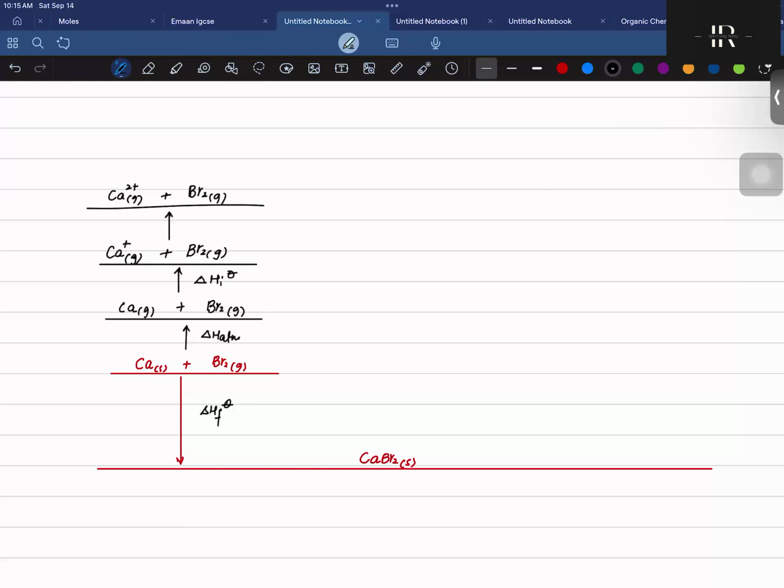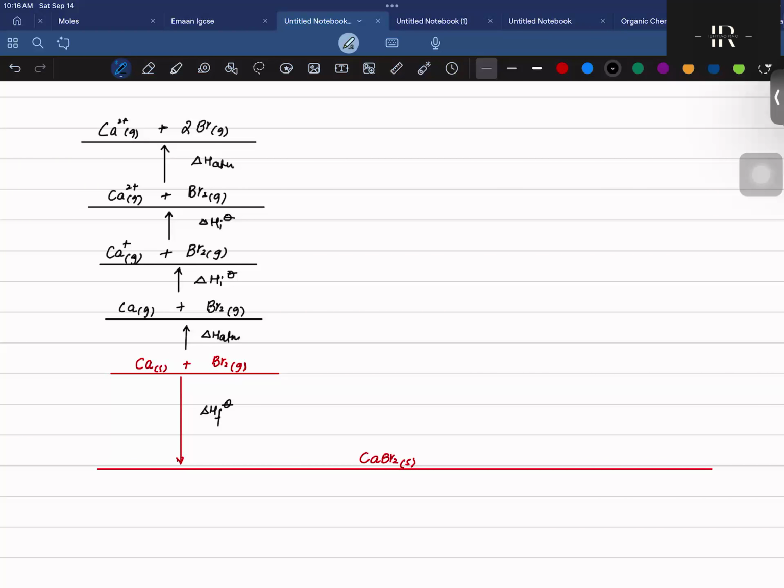Calcium is ready to combine with bromine. Then 2Br gas. This is atomization.